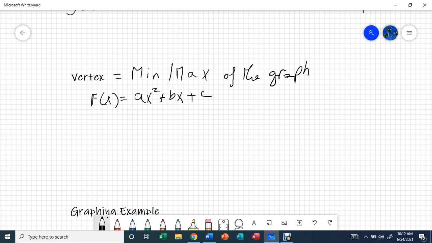The first formula to find the vertex is that the vertex will be the point with the x coordinate negative b over 2a, and the y coordinate is f of negative b over 2a.